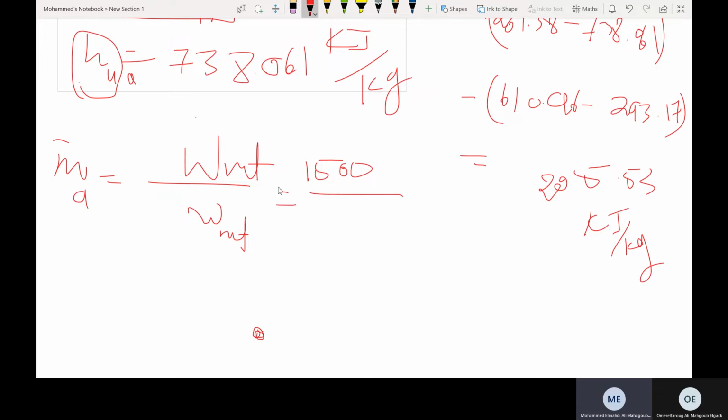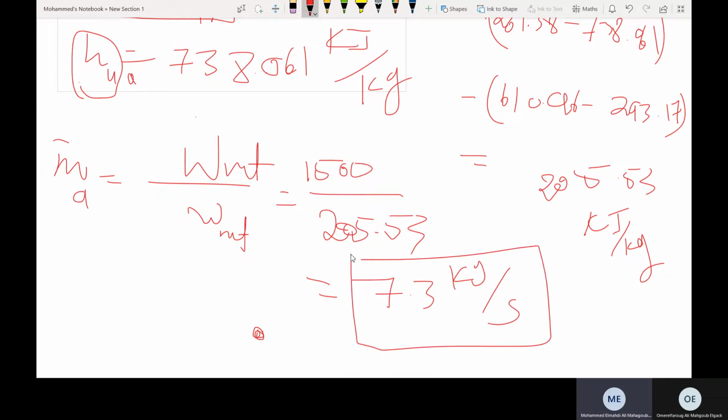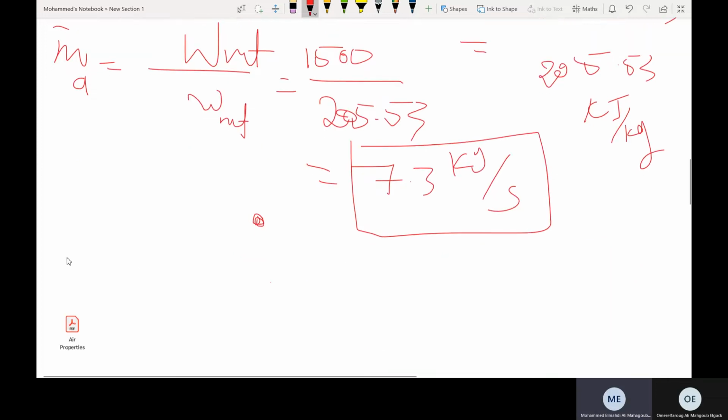Or if you want, you can just convert to SI directly. We now know that the mass flow rate of air is 7.3 kilograms per second. This is the first thing given.